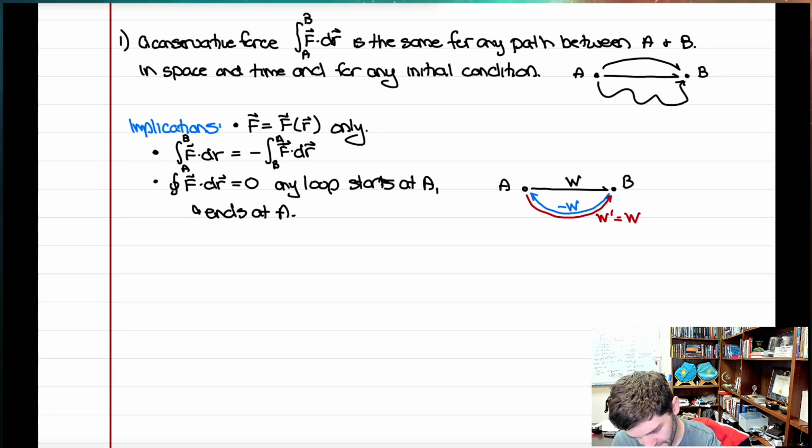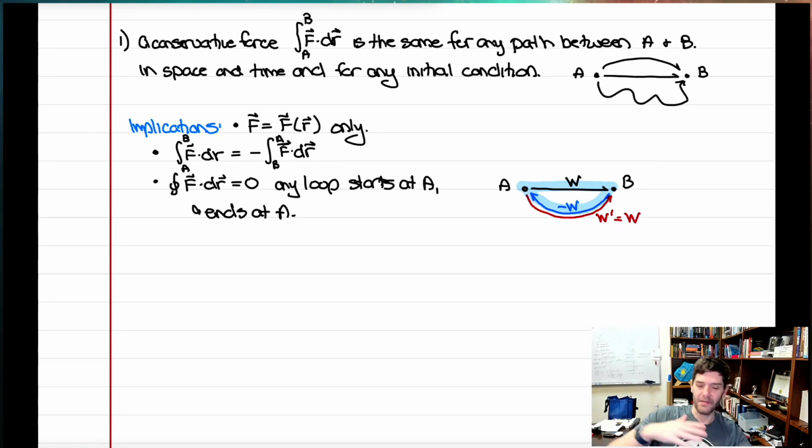And so in the case of a loop, I could do this and then do this. So I start and end at the same spot. That's one example of a loop where the total amount of work is 0. And since I never really made any assumptions about what these paths look like, I drew one straight and one curved, but that was just for the sake of the drawing.